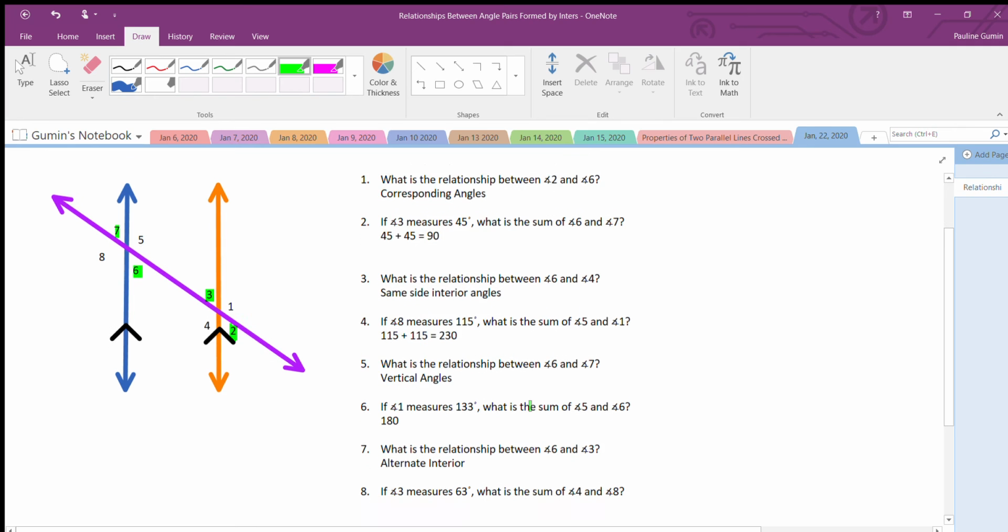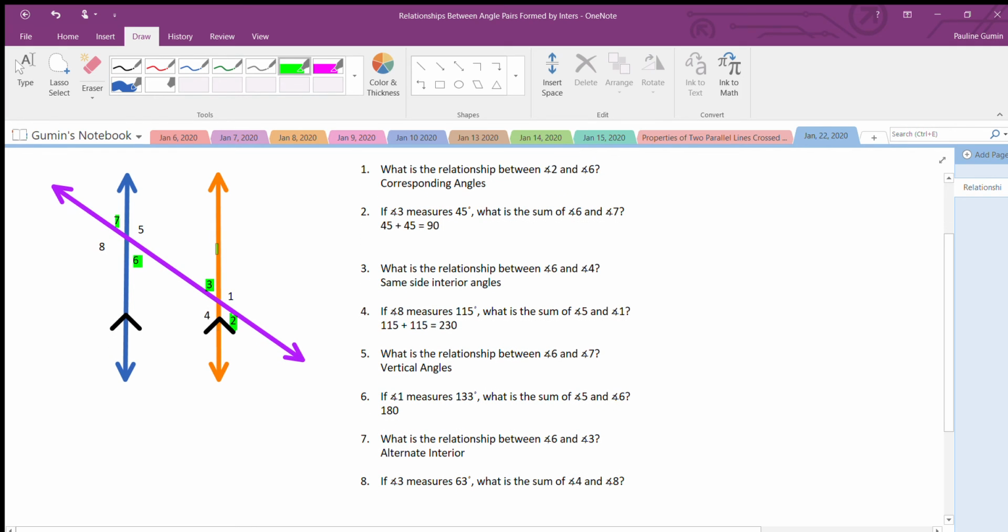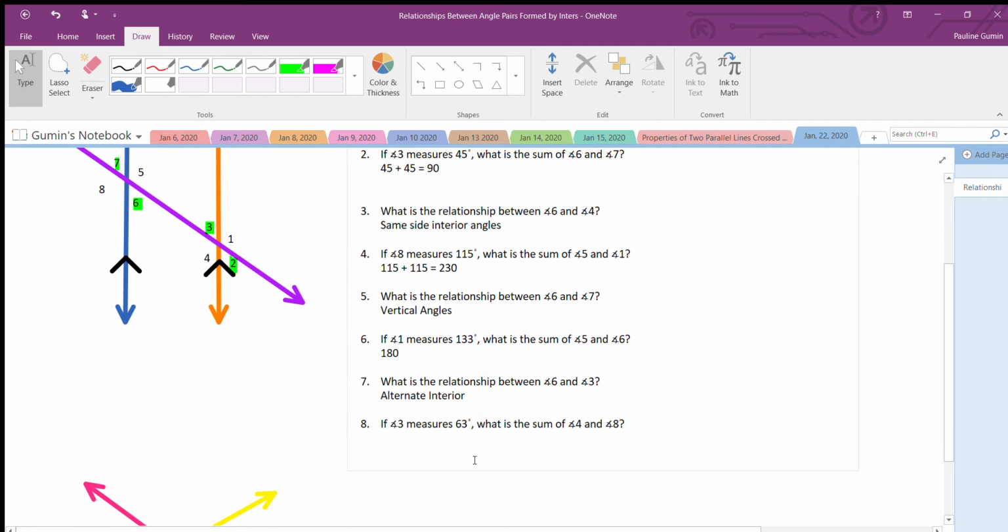Okay, well, angles 3 and 4, if we look at them, they form a linear pair on this orange line. So we can do 180 minus 63 to find the measure of angle 4, as well as angle 8, since they are corresponding angles. Okay, so 180 minus 63 is 117 degrees. And we're going to add it twice for angle 4 and 8, 234.